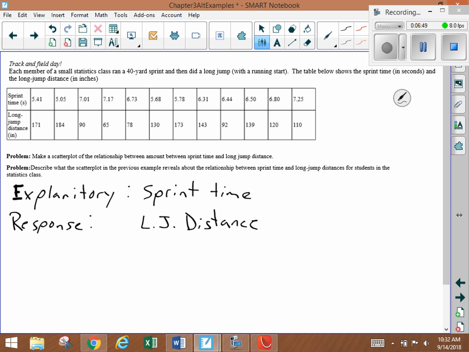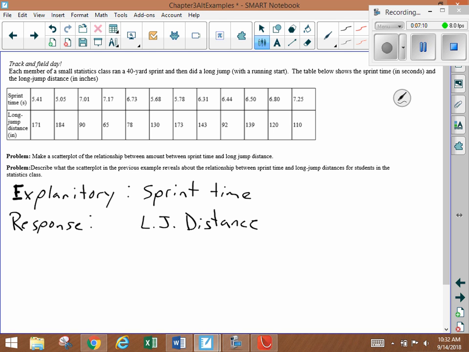All right, now if we were going to make this by hand, we'd have to draw our x and y axes, and we would have to determine some scale. Unfortunately, since we have these awesome calculators, it's going to scale it for us, so you don't really have to worry much about that.